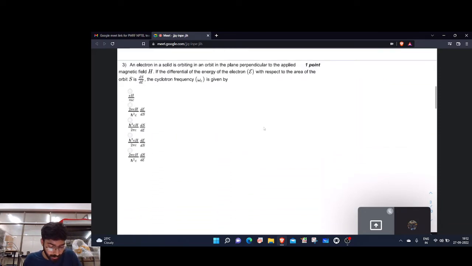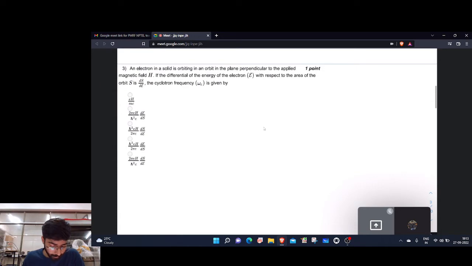Now we move on to question number 3: an electron in a solid is orbiting in an orbit in the plane perpendicular to the applied magnetic field. If the differential of the energy of the electron with respect to the area of the orbit is dE by dS, the cyclotron frequency is given by. To understand this, let's say we have the direction of the magnetic field to be H in this way, and we are taking the electron orbit in this manner.